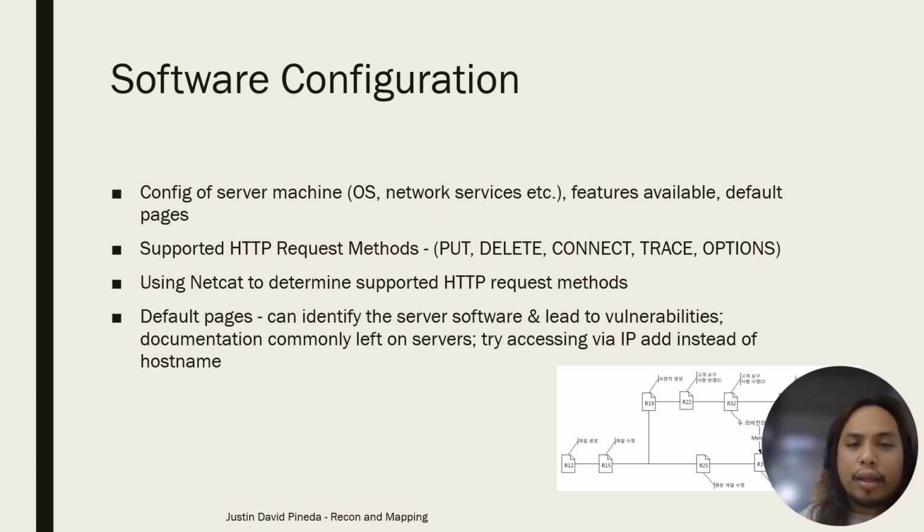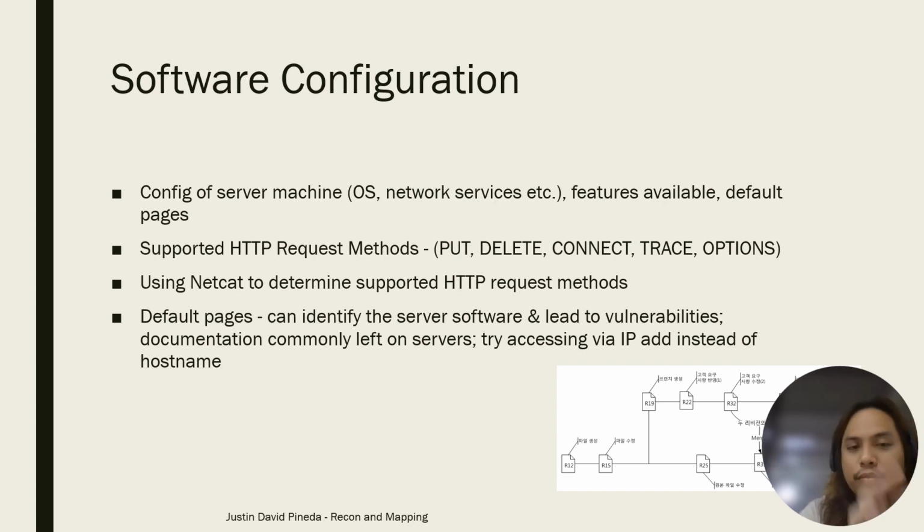You can get these from the HTTP header: what's the configuration of the server machine, the OS, network services? You'll be able to get that in the port scan. What are the features available, the default pages? Once you know the platform, you can check. In the tools demonstration, there's a GitHub repository of default pages that you can check one by one, automate, and see what the responses are.